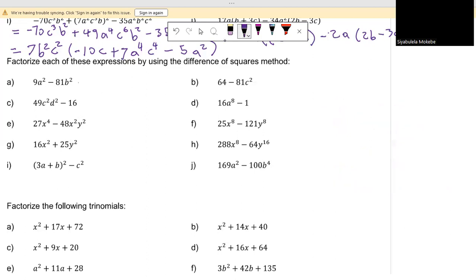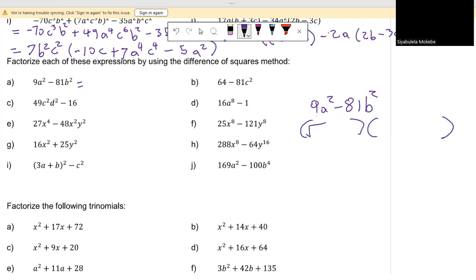Now here, A, we have 9a squared minus 81b squared. First thing first, 9 is a square of 3, and 81 is a square. So I can use difference of two squares.